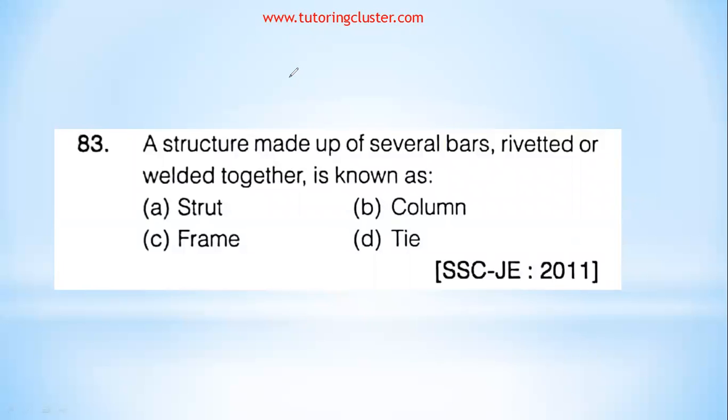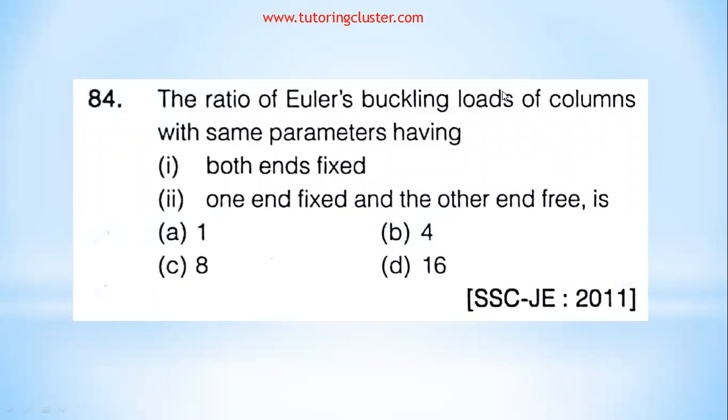Next, 84. The ratio of Euler's buckling load of a column with the same parameters, having both ends fixed and one end fixed, other end free, is? Okay. Now when both the ends are fixed, how is the buckling load given?